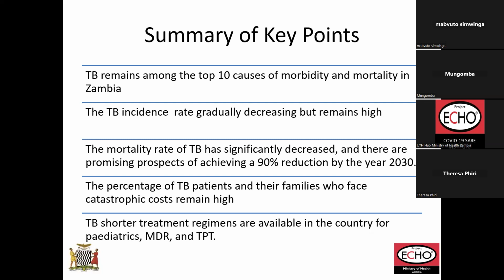Over 90% of our eligible HIV population have been covered with TPT. And we have seen now a shift where we are having the incidence of TB being more in the HIV negative population. So at this point in time, we have quite enough commodities to cover now even these other risk populations.